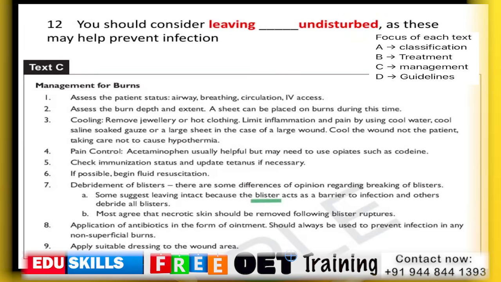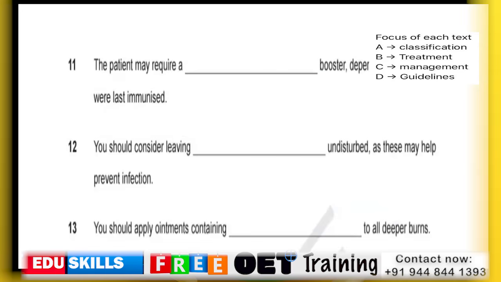So in the text they are giving leaving intact, and intact is the meaning of undisturbed. So the answer is blister. In the text we can see some suggest leaving intact because the blister acts as a barrier to infection. So our question is, you should consider leaving what? That is leaving blister undisturbed as these may help prevent infection. So we will go to question number 13.